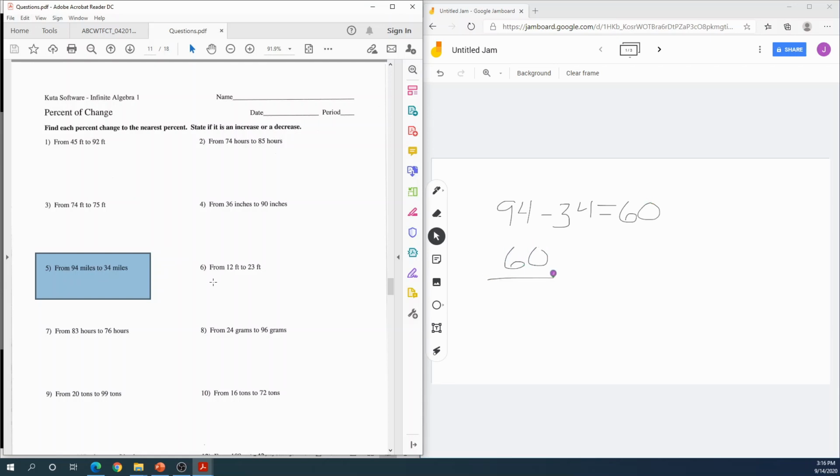We started at 94. Times that by 100% to get our answer in percent. 60 divided by 94 times 100 is going to be a 64%. We started at 94 and we went to 34. So this is going to be a 64% decrease.